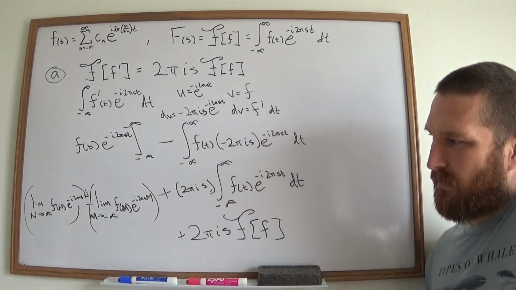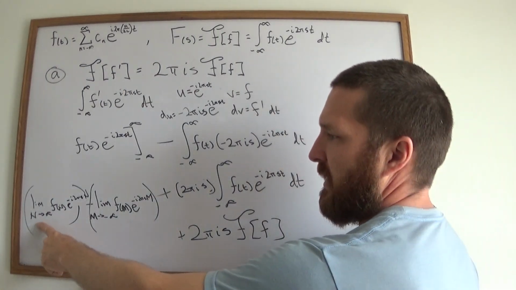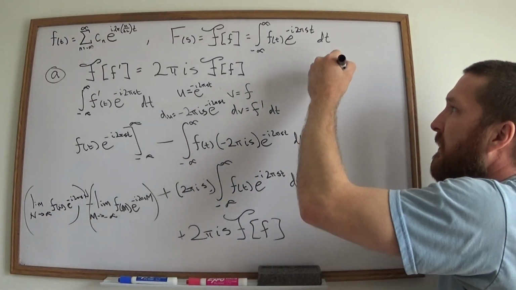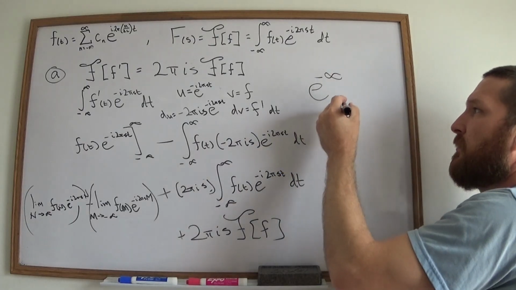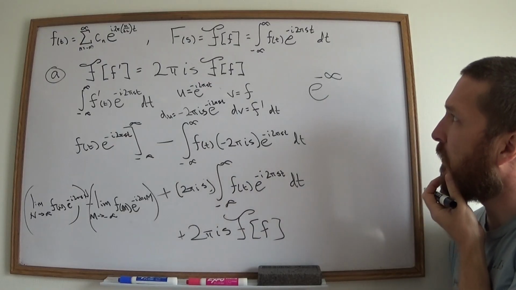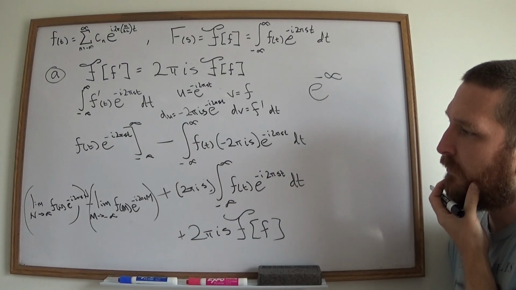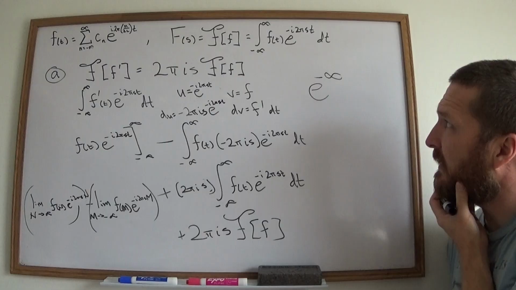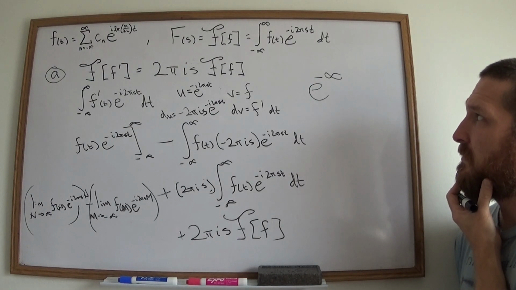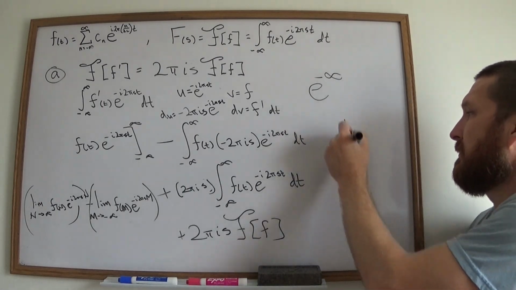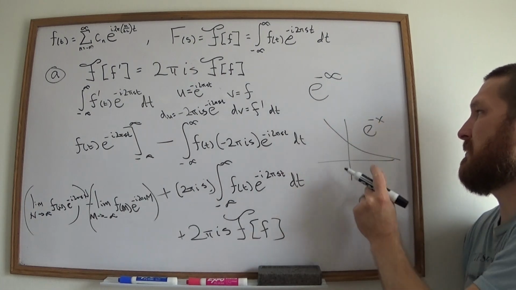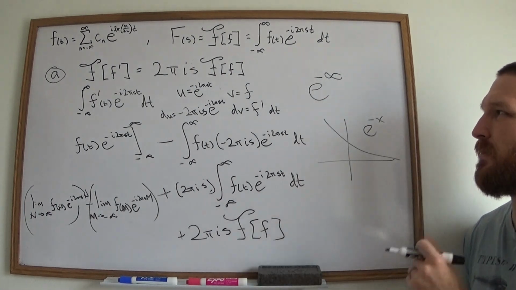Now you might be tempted to say, wait, as n goes to infinity, e to the negative infinity goes to 0. It's like e to the negative x going to positive infinity, that should go to 0.